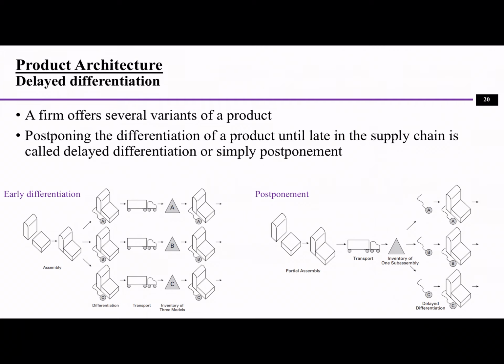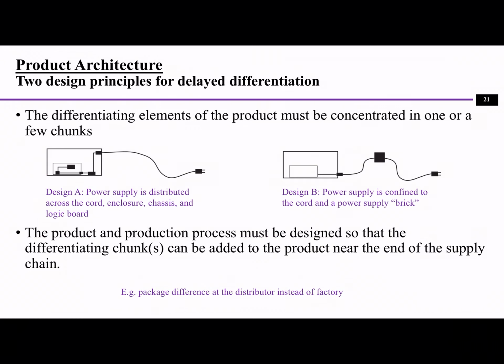So in this case, it saves a lot of resource, time, and energy for the company, and also actually increases the efficiency of the distributors as well. So the distributors do not have to store a lot of inventory.